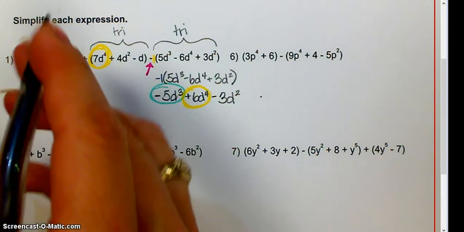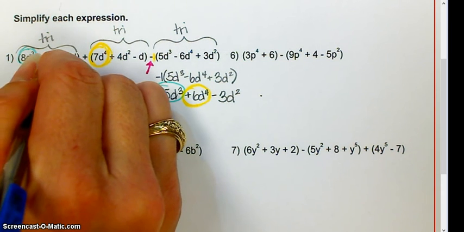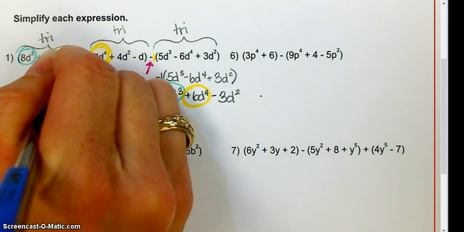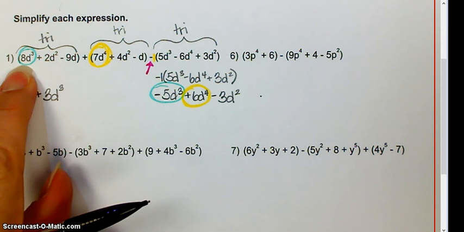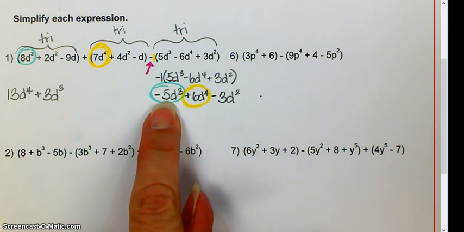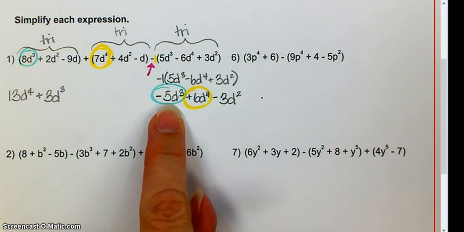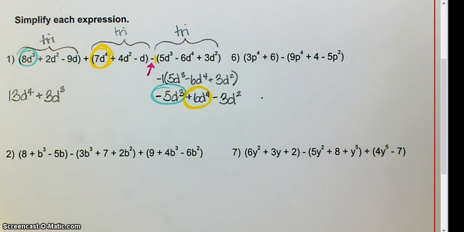And what do you get? That's a positive 3d to the third because you've got a positive 8d to the third and a negative 5d to the third. Y'all good? Would it be helpful if I hit pause and you guys got your math pencils out, or are you good? Good. Okay. All right.